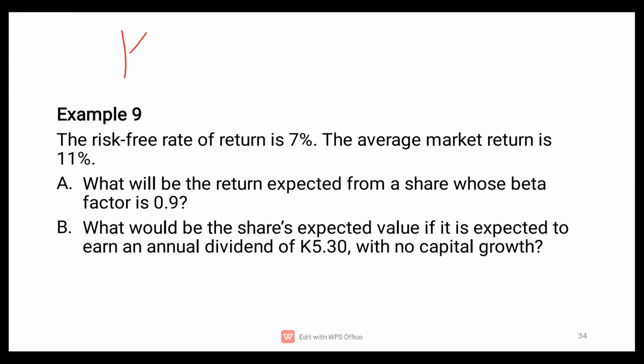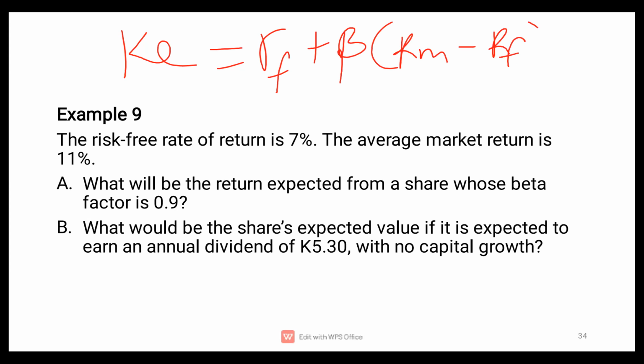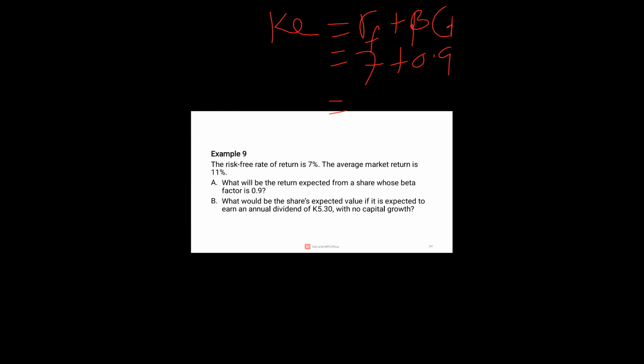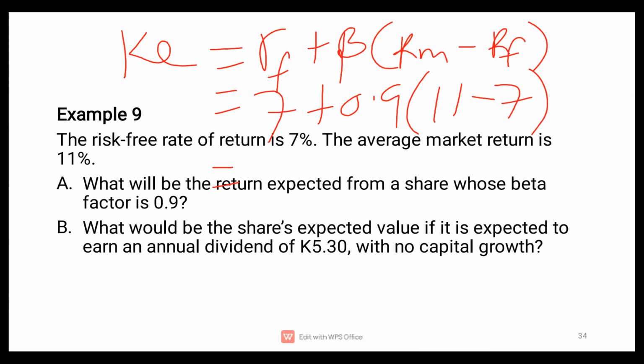So the cost of equity, which is the same as the expected return from ordinary shares or from stock, is the risk-free rate plus the beta times the return from the market minus the risk-free rate. So you have the risk-free rate of 7% plus 0.9, your beta, times 11 minus 7%. What is the cost of equity, or what is the expected rate of return?